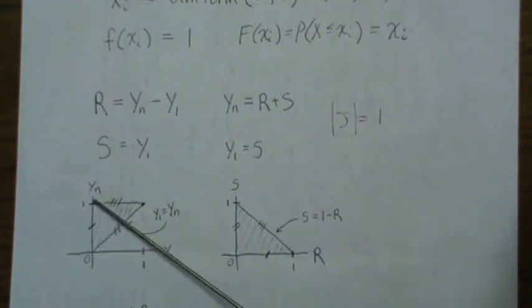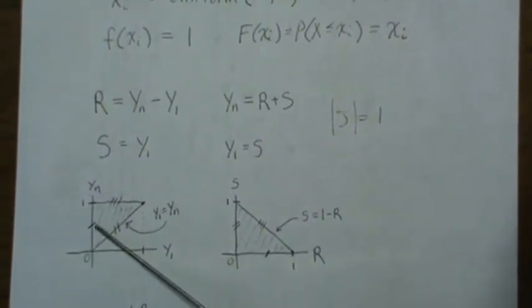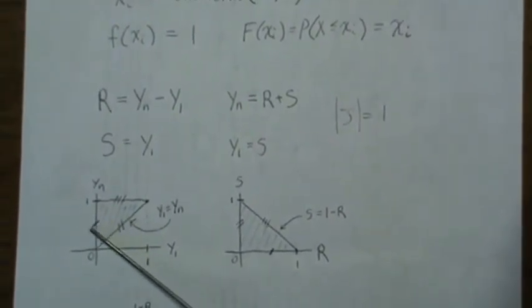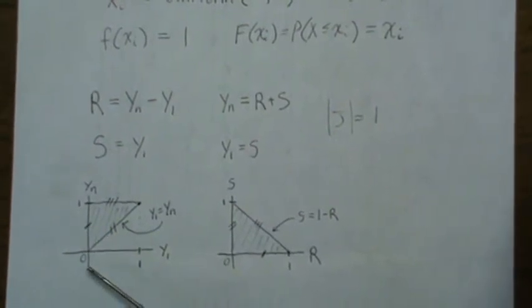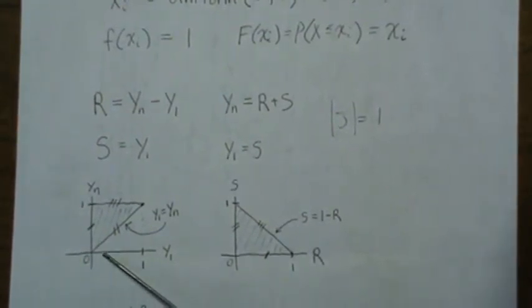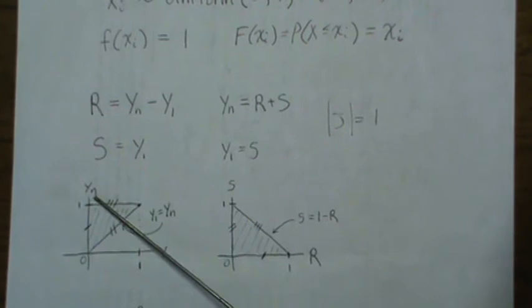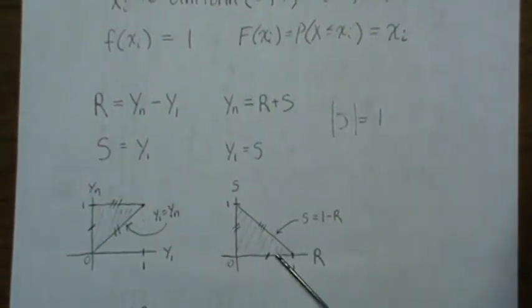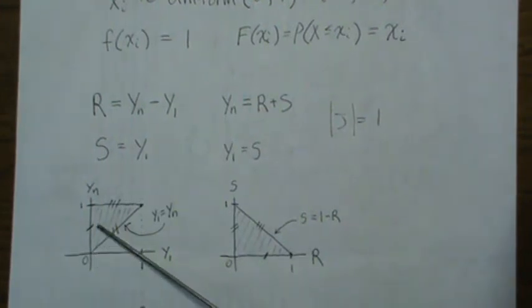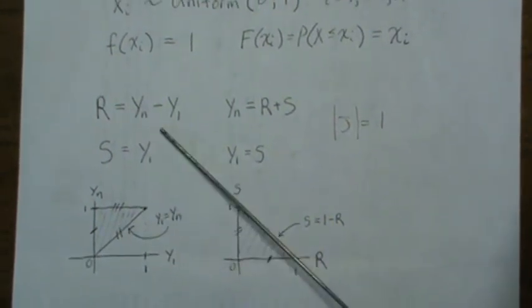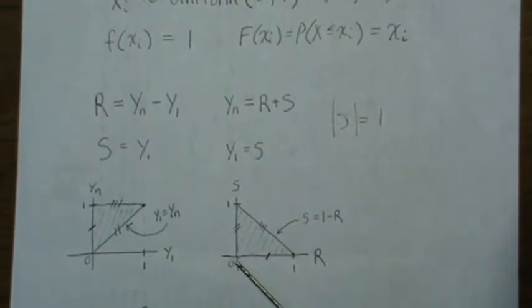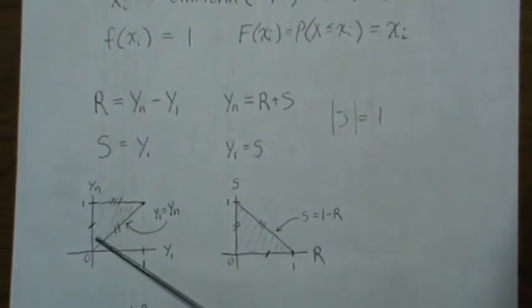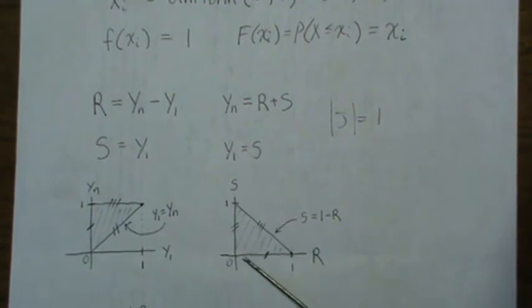I like to look at the boundaries. So here, if we look at this boundary with the tick of 1, y1 is 0, this whole distance. So that tells me S is going to be 0. So we're going to be on this axis somewhere. And then if we go from 0 to 1, when y1 is 0, that means R goes from 0 to 1. So this boundary maps to this boundary.